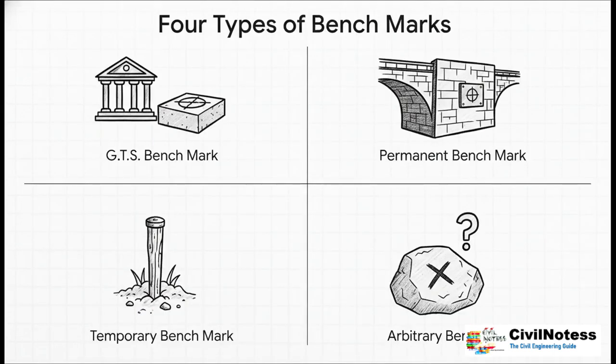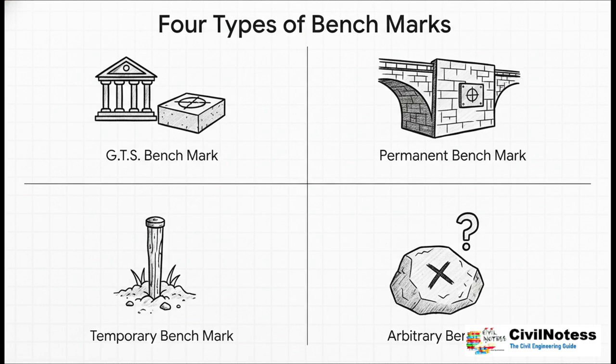Okay, so this is how we bring that abstract idea of mean sea level out to our actual job site. We use benchmarks. These are fixed points that have a known RL. And you've got four main flavors. GTS benchmarks are the gold standard, set with unbelievable precision by national survey agencies. You'd use these for massive projects.